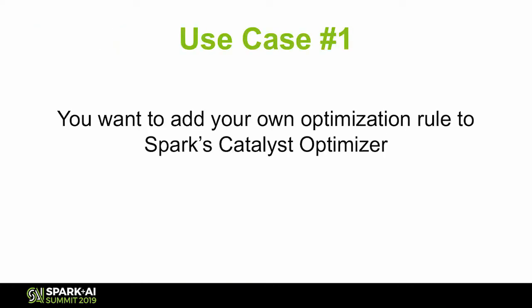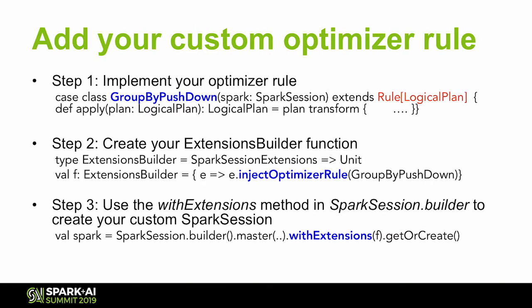So the first use case I want to mention is you want to add your own optimization rule to Spark's Catalyst Optimizer. For our use case, we wanted to add this optimization for RI constraints called GroupBy pushdown. So the first step is you have to implement your optimizer rule. Here I have my GroupBy pushdown rule.